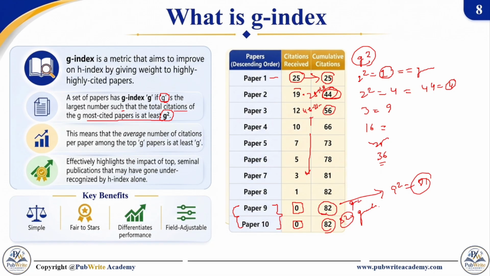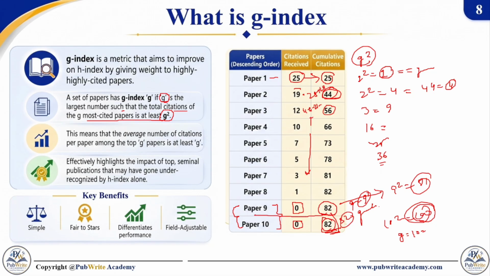That means the G index is 9 for this author. But 10 square means 100. The author should have a G index of 10 only once the cumulative citations reach 100, but it's less, so we are not taking this paper into consideration.